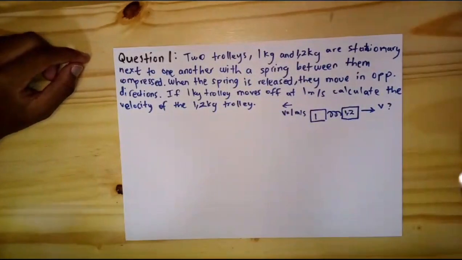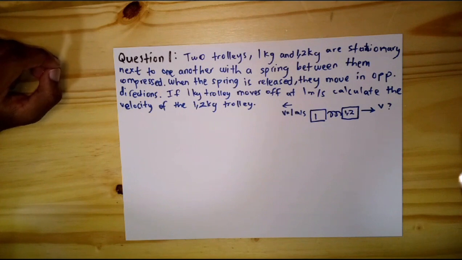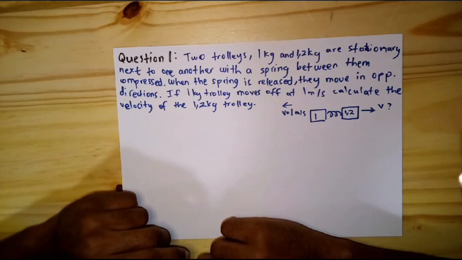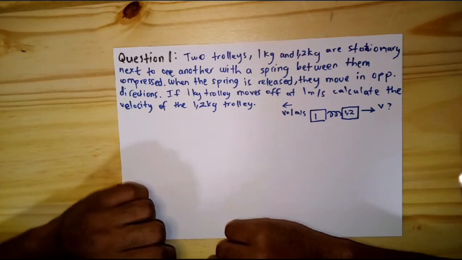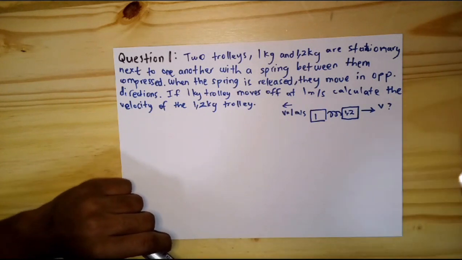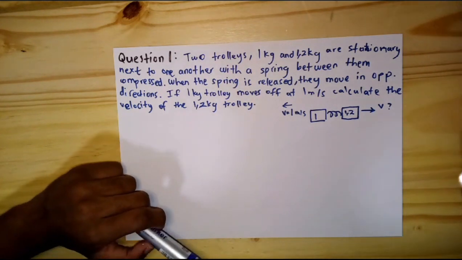Momentum and impulse. Our first question says two trolleys, one of 1 kg and another one of 1.2 kg, are stationary, as you can see, next to one another with a spring between them compressed. If the spring is compressed, you know that there's going to be a force exerted between those two stationary trolleys.